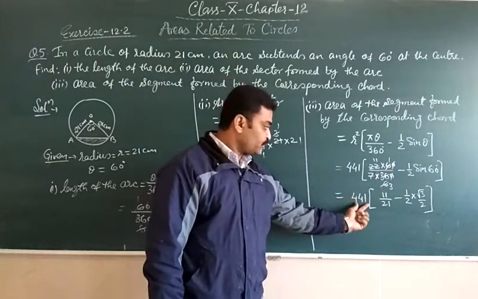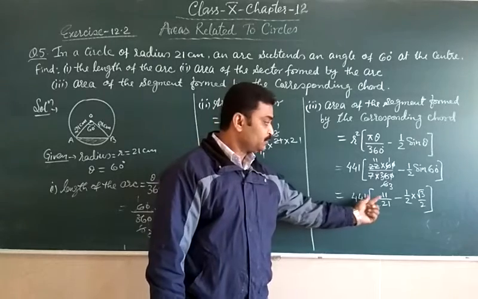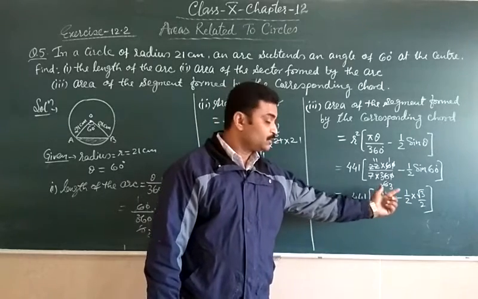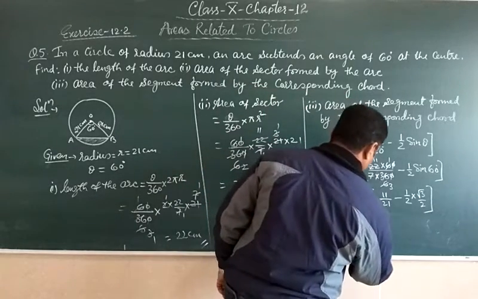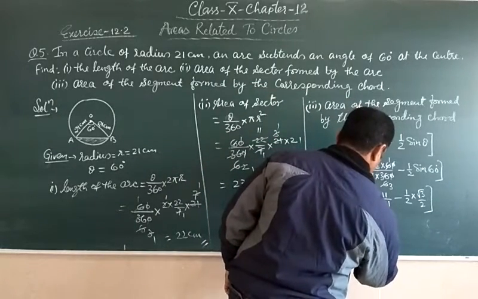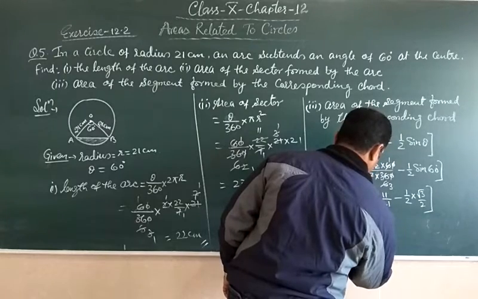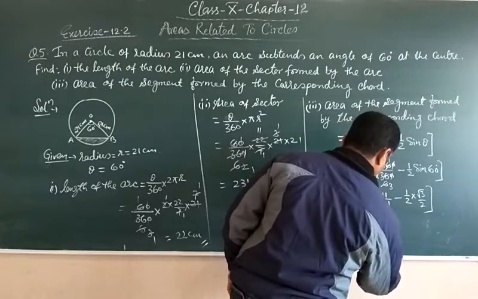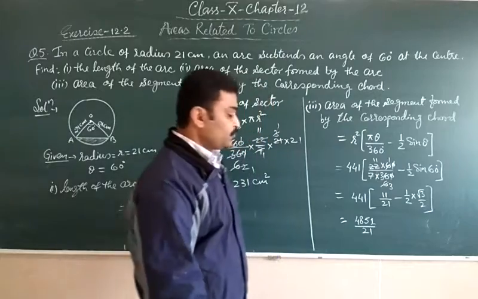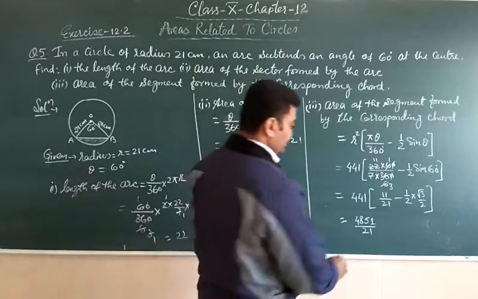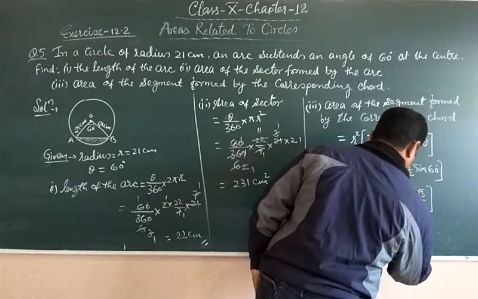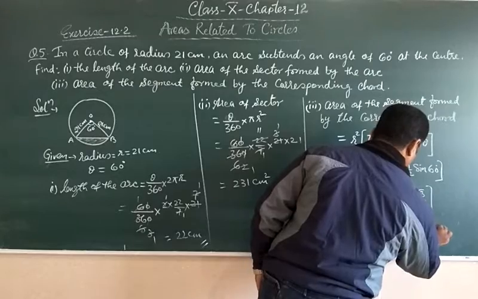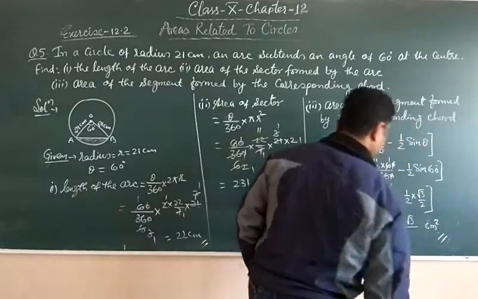Now this 441 will be multiplied to both the numbers inside. That is 441 into 11 upon 21, 4851 upon 21, minus 441 root 3 by 4 centimeter square is the answer.